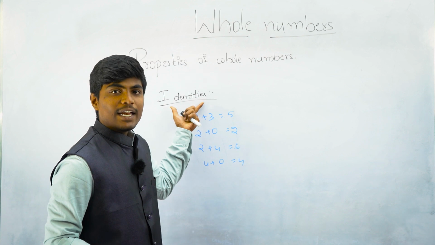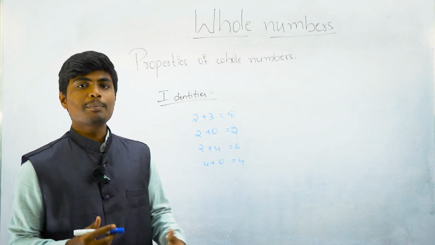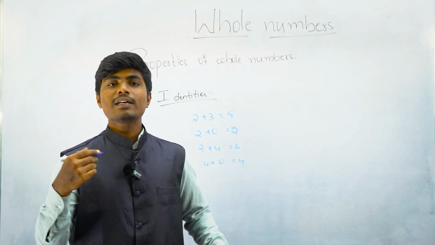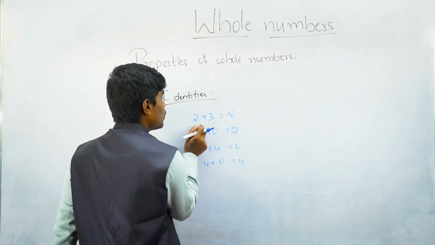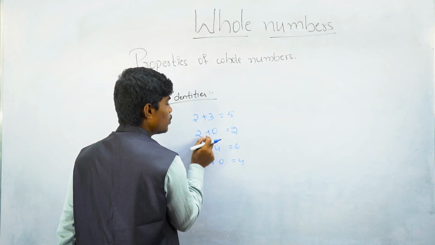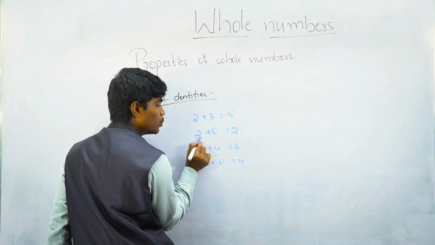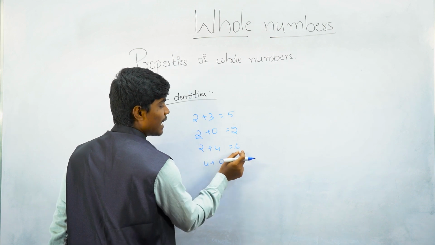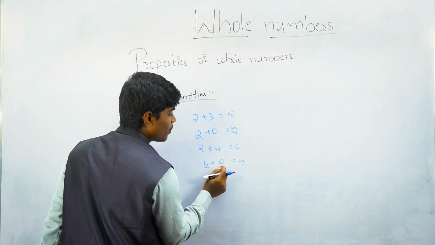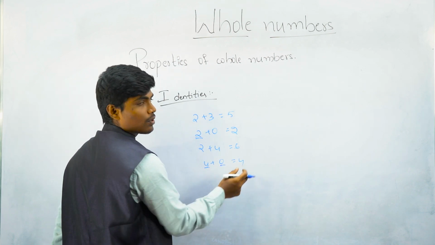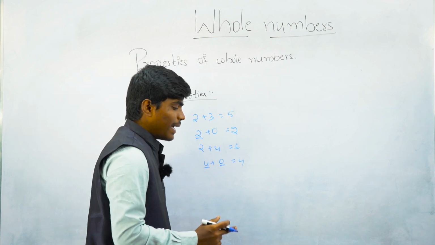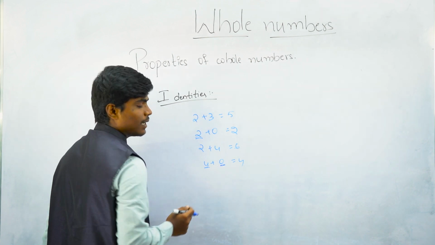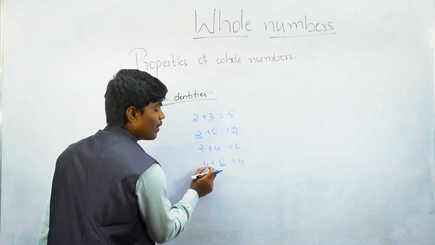Here identity means if we add something to a number, then we should get the same answer. See here, 2 plus 3, we got 5. Here 2 plus 0, we have got the same 2. And if we take 2 plus 4, the answer is 6. If we add 4 plus 0, the answer is 4.